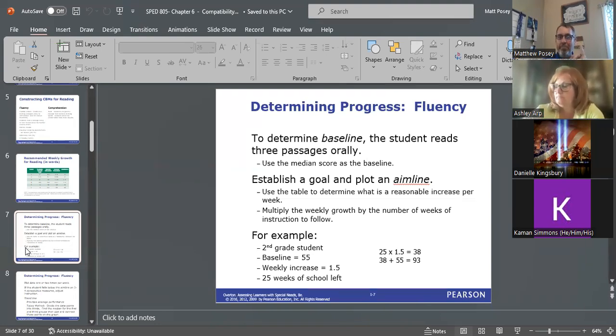I've already talked about baseline, and we also talked about the aim line. The next thing, to expand on her question, is we would show an intervention line. So the 3 lines that center around curriculum-based measurements: baseline, aim line, and an intervention line.